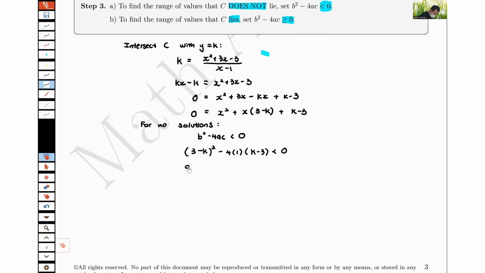First part, let's expand. We can get this equation nicely factorized.